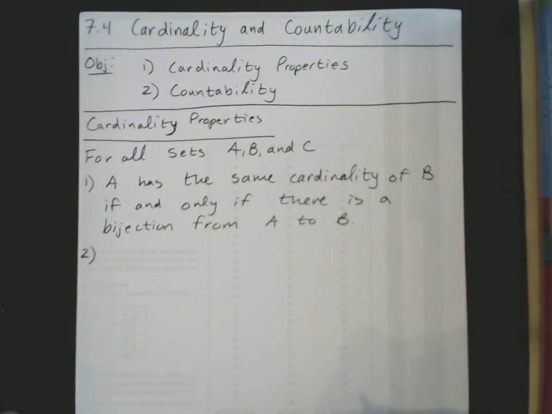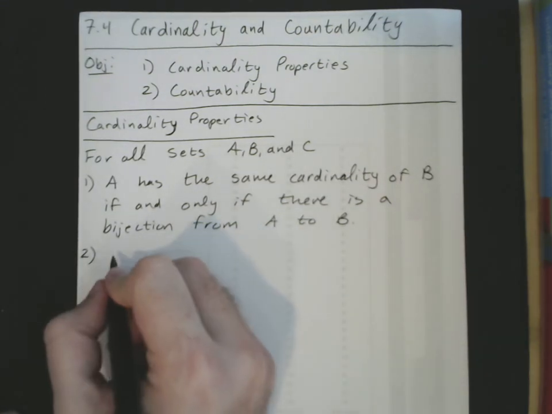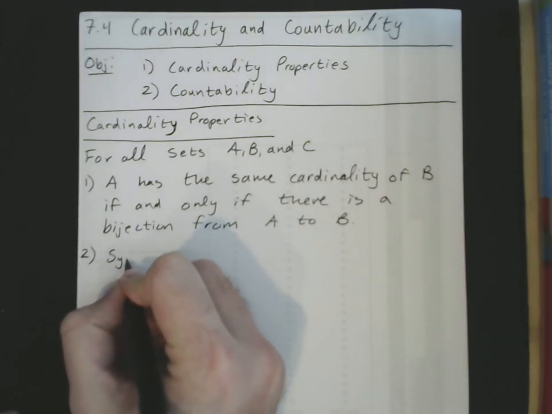Now our second property of cardinality is the symmetric property.